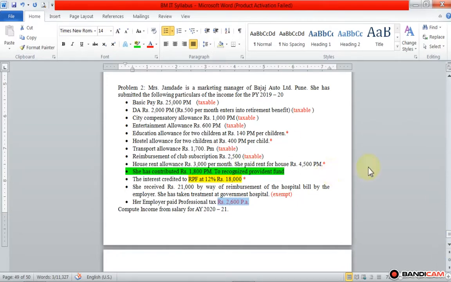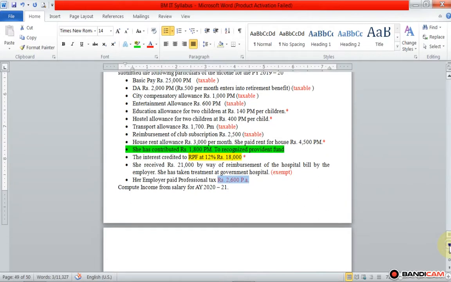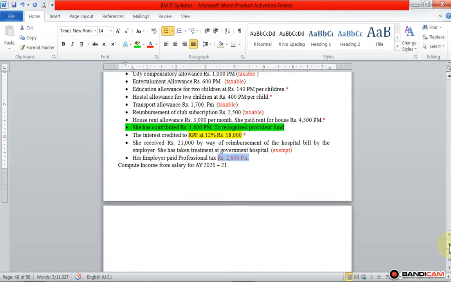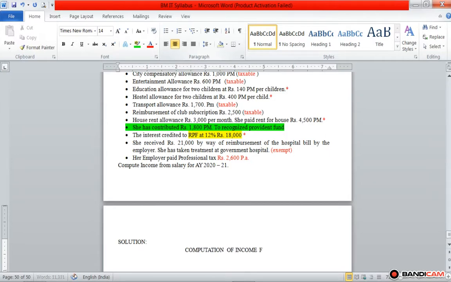Now we prepare a solution to compute income from salary. So here, the solution: computation of income from salary.